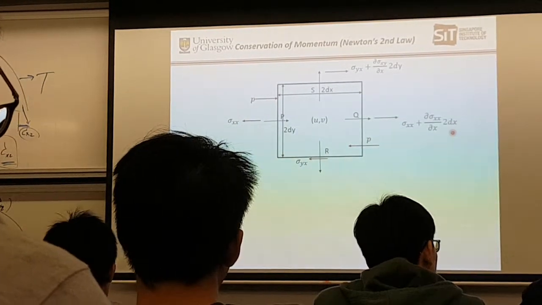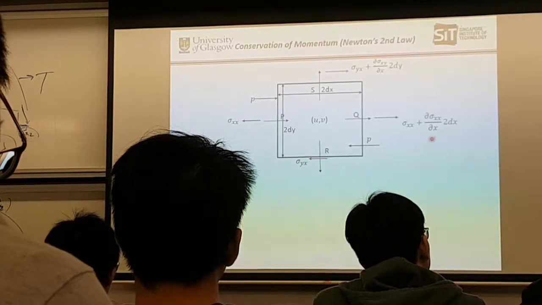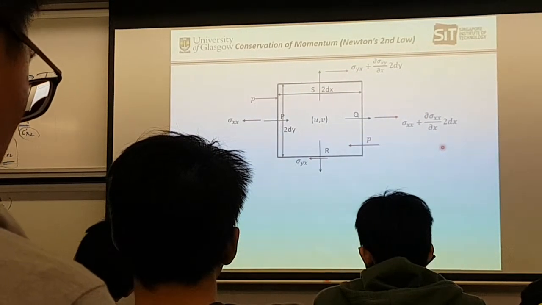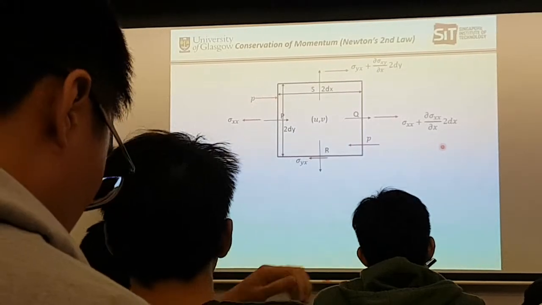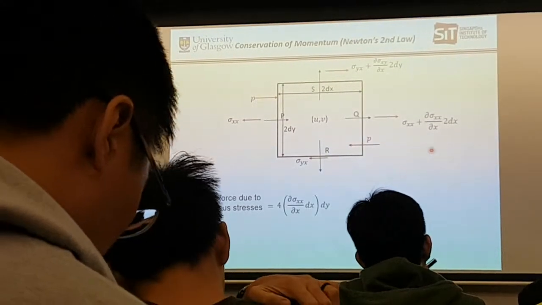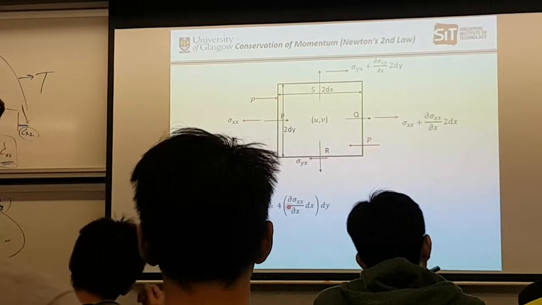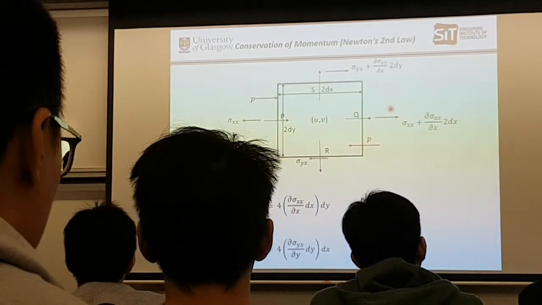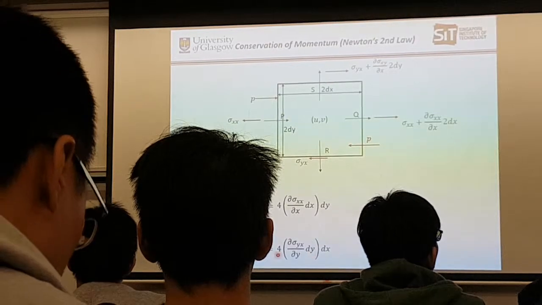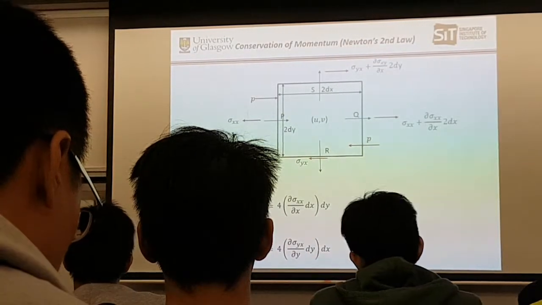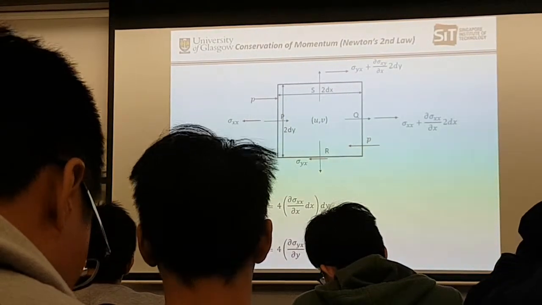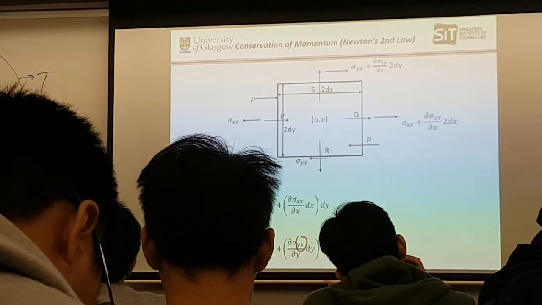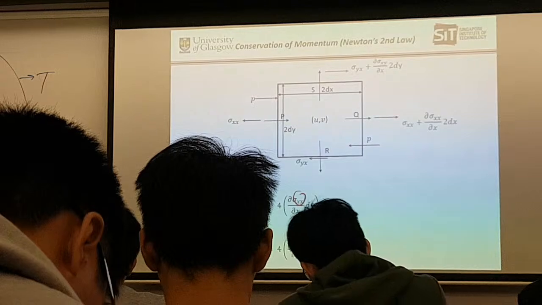That's why I got 2 dx. This is just saying the gradient of the shear stress with respect to the x direction. If I want to do a summation of forces again, the final answer is again a very simple equation. It's just 4 times this in the x direction, and for the y direction it's the same thing, just 4 times. How do I know whether it's in the x direction or vertical direction? It is this variable here. This is yx, this is xx. This is over delta x, this is over delta y.